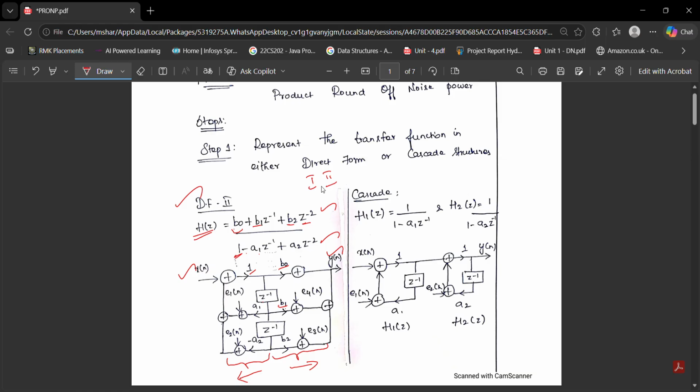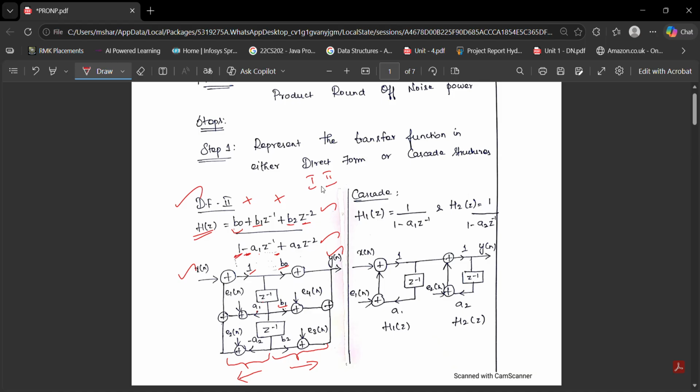One more thing to remember is that for direct form 2, the numerator terms will be positive, addition terms, and the denominator will be in negative terms. This is the general structure of the direct form. Comparing with it, this is minus a1, so a1 comes here as such.